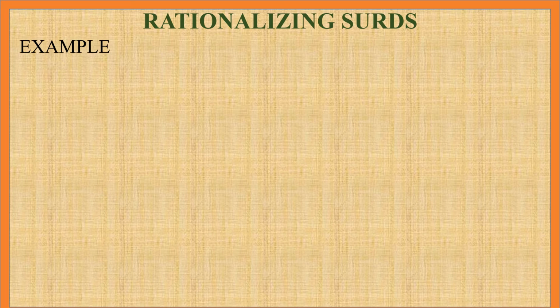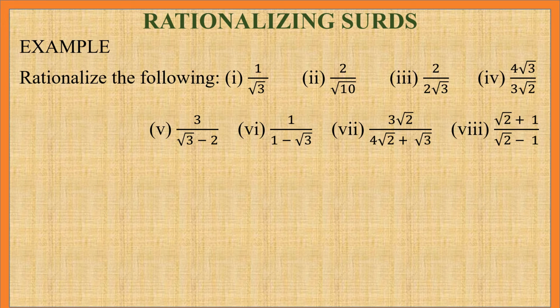So for example, if you are asked to rationalize the following, first of all, let's look at number I, where we have 1 over root of 3. To rationalize 1 over root of 3, we can see that it is the denominator which contains the surd, which is root of 3.